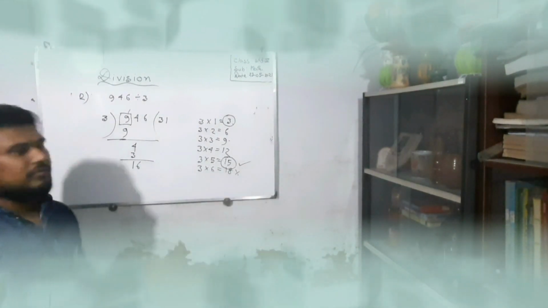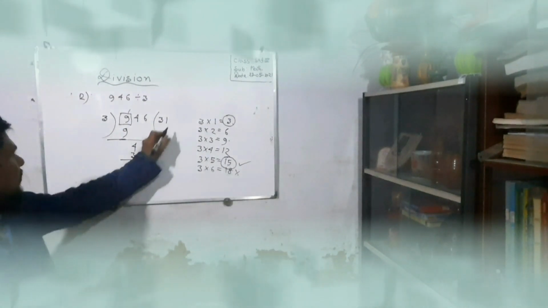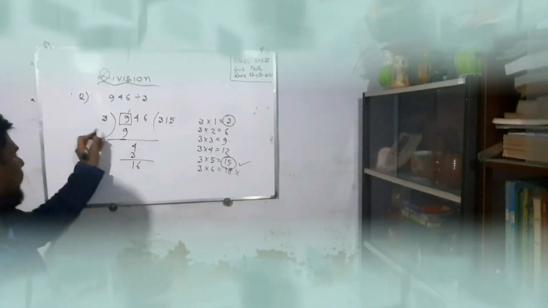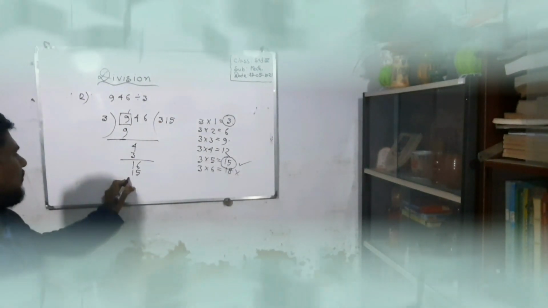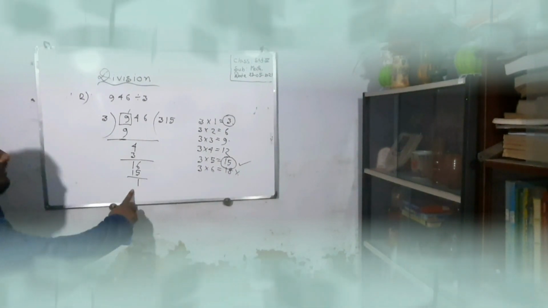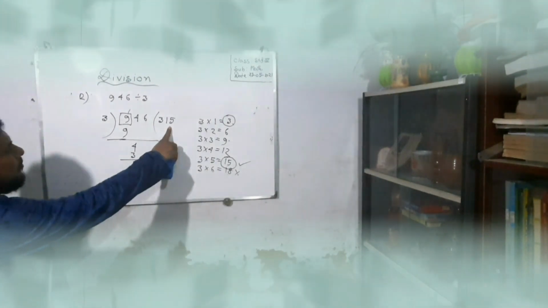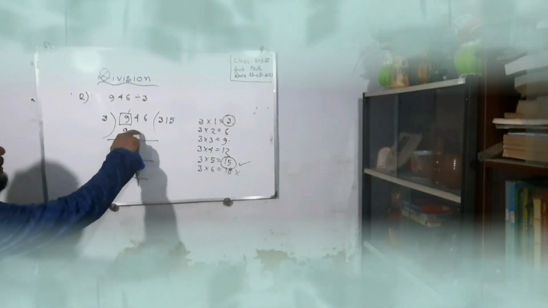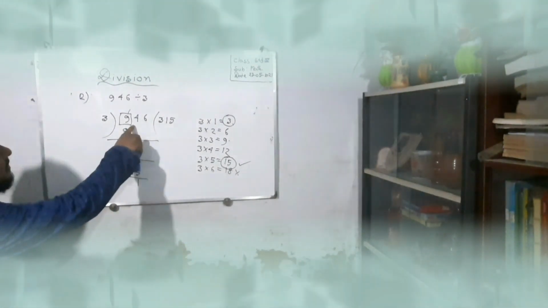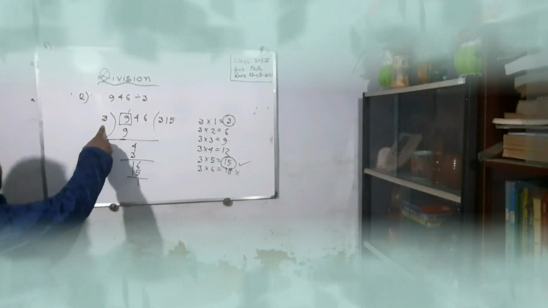So we can take 15. Then 3 into 5 equals 15. Then the remainder is 1. Quotient is 315 and dividend is 946 and divisor is 3.